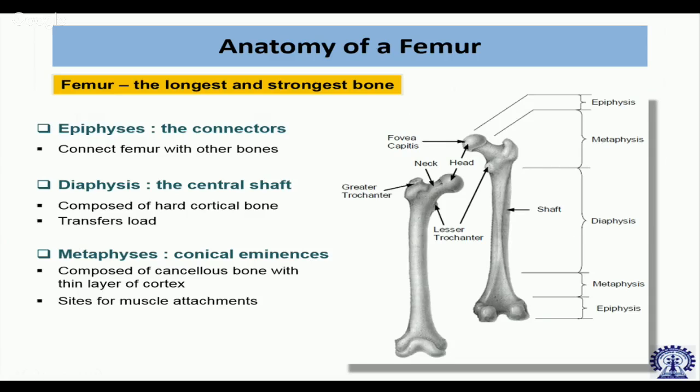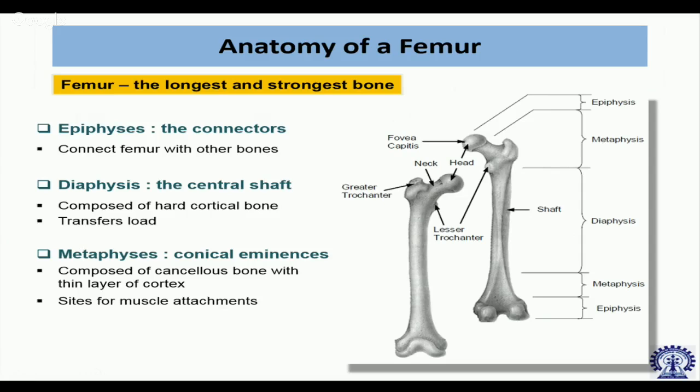Now let us move inside the human body and just try to give you the basic idea of the femur bone. For example, the femur, incidentally, is the longest and the strongest bone in the human body, and it has different parts.